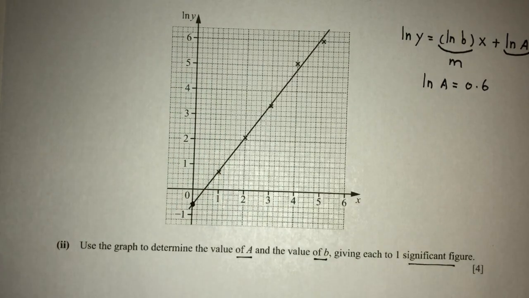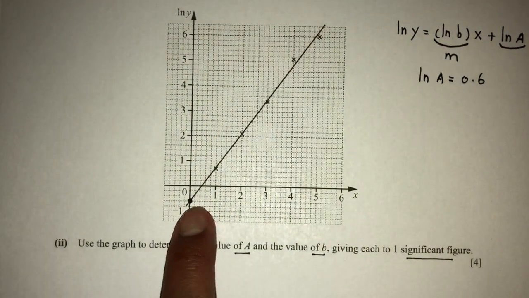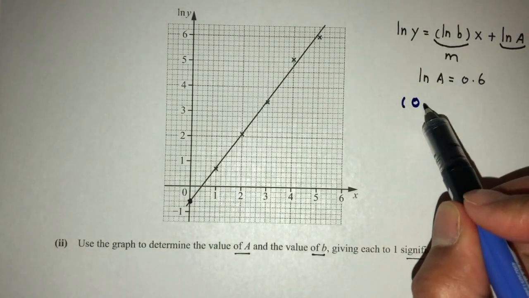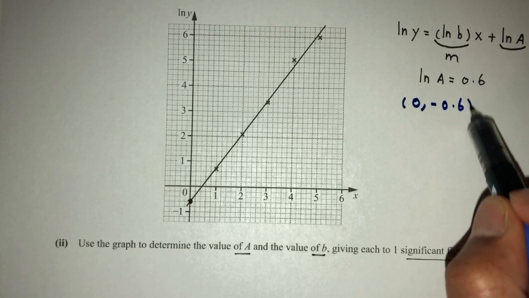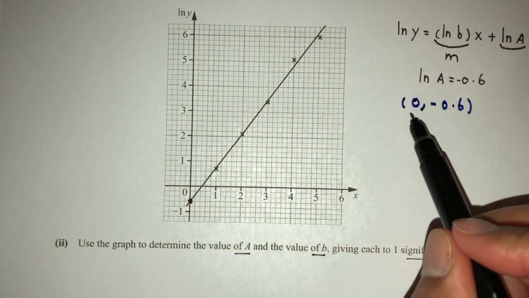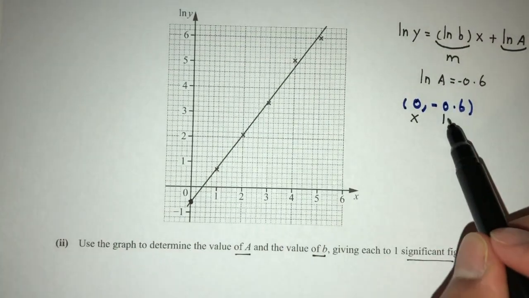Let's do something easier for you. Let's first find this point. What is this point? It is minus 0.6. That's the value, not 0.6, minus 0.6. So this is x, obviously, and this value will be ln y.